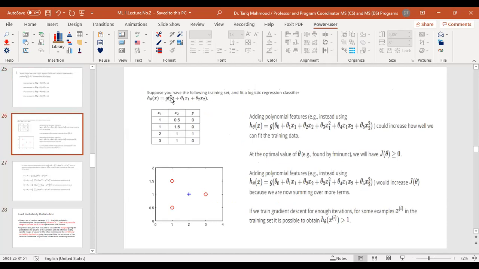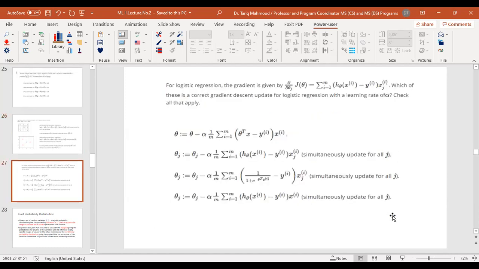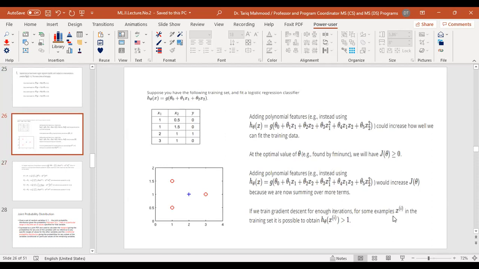Suppose you have the following training set and fit a logistic classifier like this. So I have two classes. The red one is class 0 and this is class 1. Adding polynomial features. So in this case, we can add these.